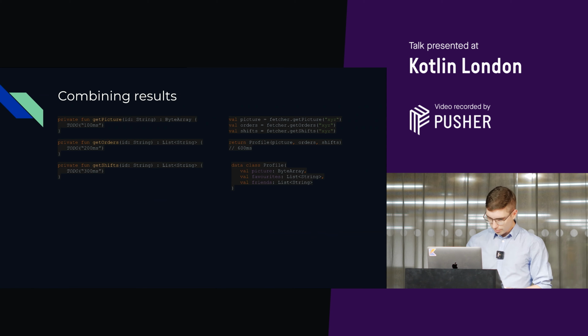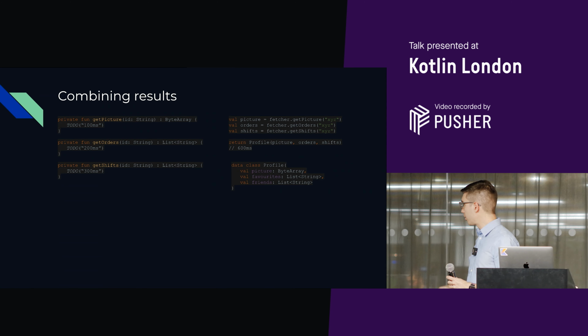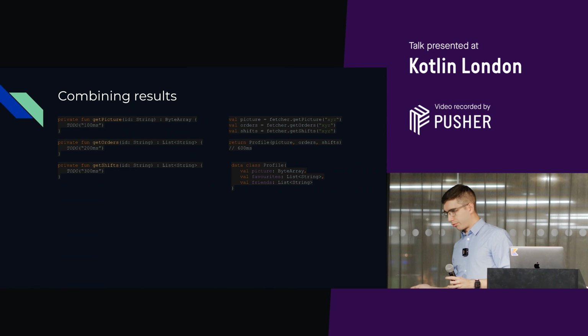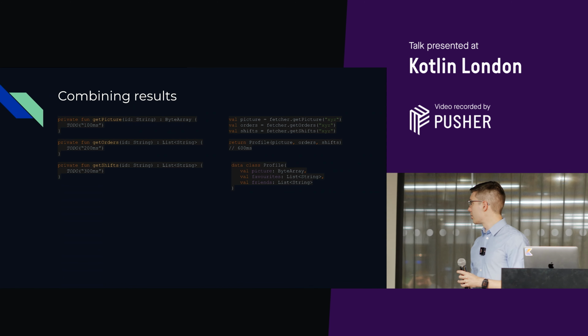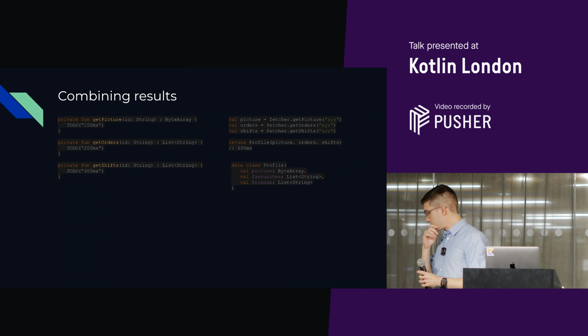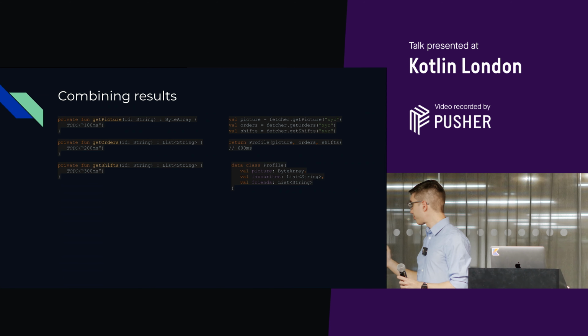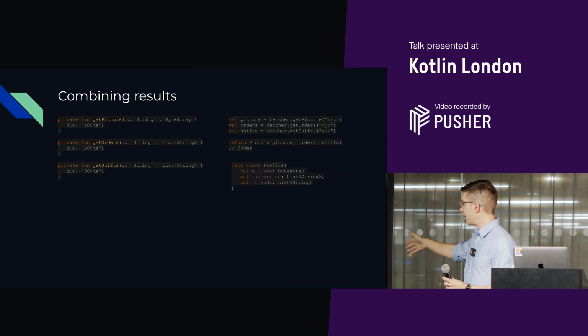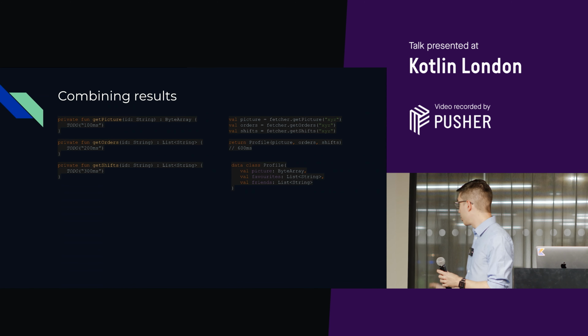OK. So let's see another example. As I said, I'm from Deliveroo, so everything will be around deliveries and drivers and stuff. Let's say we want to fetch the profile of our driver. So we have this data class with a picture, some of his favorites and friends.